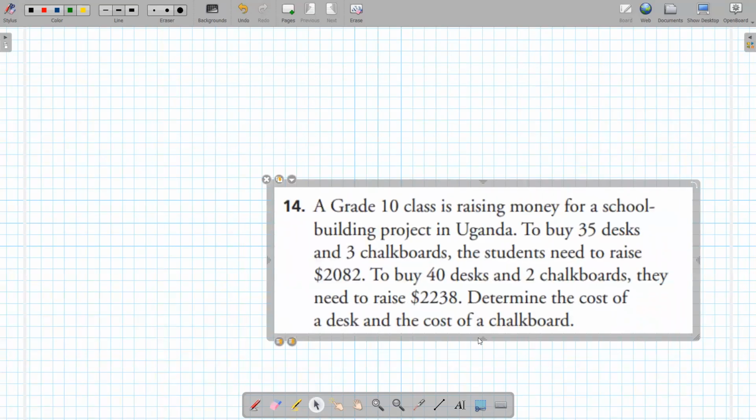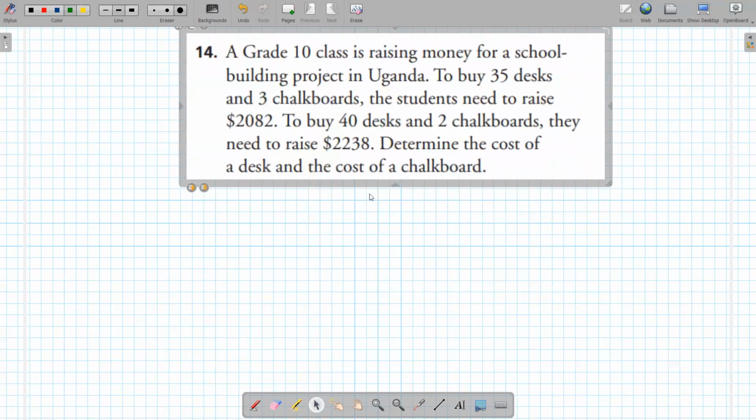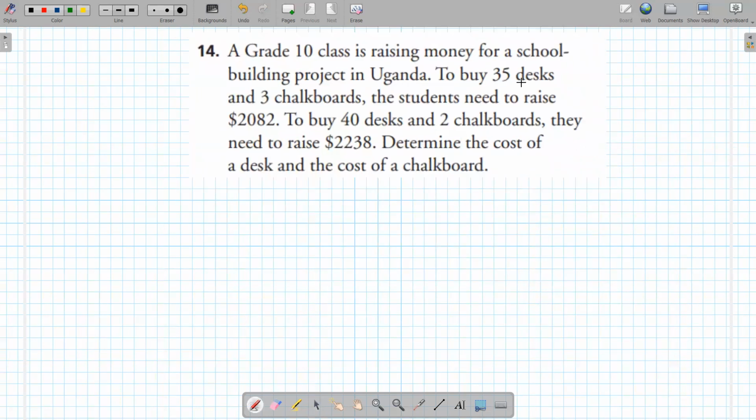So a class is raising money. They want to buy 35 desks and 3 chalkboards, and they need to raise 2082. To buy 40 desks and 2 chalkboards, they need to raise 2238. Determine the cost of a desk and the cost of a chalkboard.